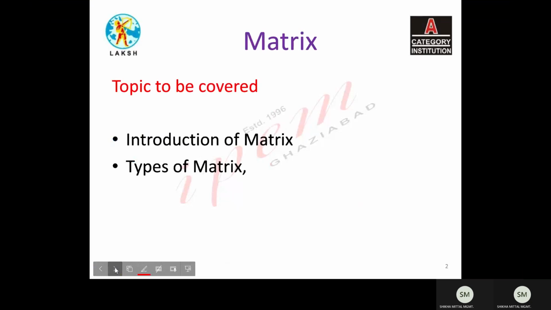Let's start. In this topic matrix, we will cover the introduction and the types of matrix. So before starting this, what is matrix? Let's take an example. Let there be students Ram, Shyam, Mohan and Sohan, who took a test in the subjects of English, Math and Hindi, and the marks are given respectively.